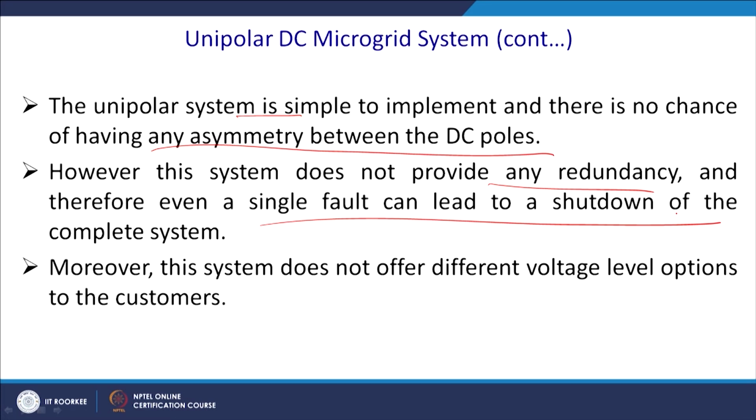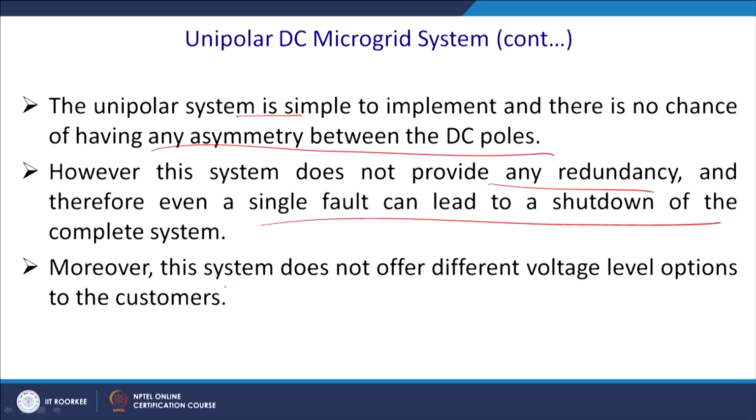I shall discuss protection in detail in a later slide. Protection in a DC microgrid is a very big challenge because you do not have a natural zero here. Moreover, this system does not offer different voltage level options to the customers. That is also one of the disadvantages, and thus we require many DC to DC converters, either to step up or step down the voltage to meet the requirement of the particular load or energy resource.